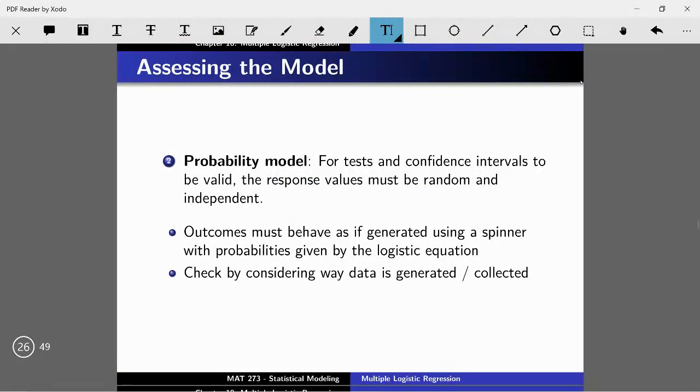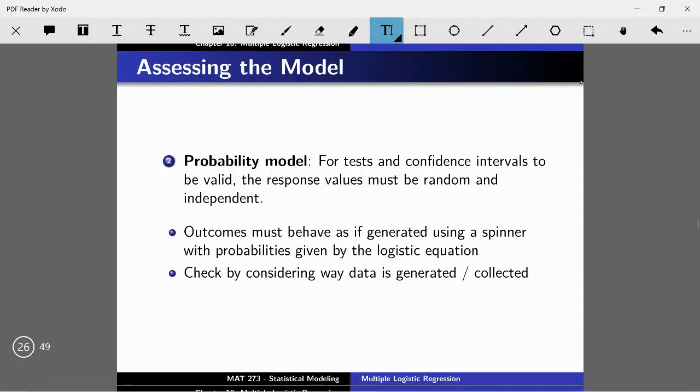Okay. So moving on from interpreting the model output, I just wanted to mention another important assumption for the model: the assumption of random outcome, not a deterministic thing. One way the textbook described it is we have to think of the outcomes as being generated using a spinner with probabilities given by a logistic equation.